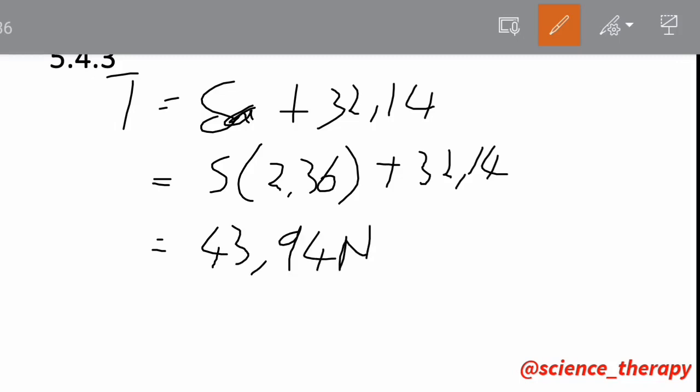Even if you substitute in equation 1, you will have more or less the same answer. I think when you substitute in equation 1, you have something like 43.99, which is only a difference of the digits. So still more or less the same answer. If you just consider rounding off to the whole number, that will be 44 newtons.